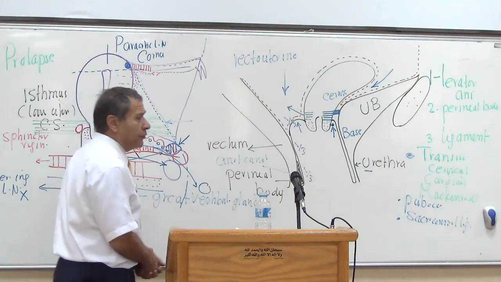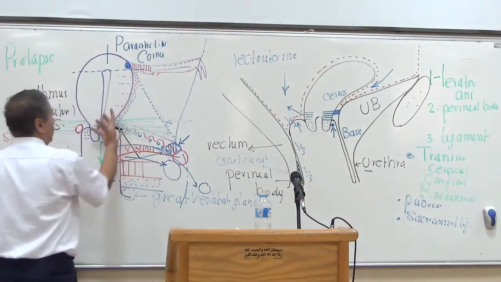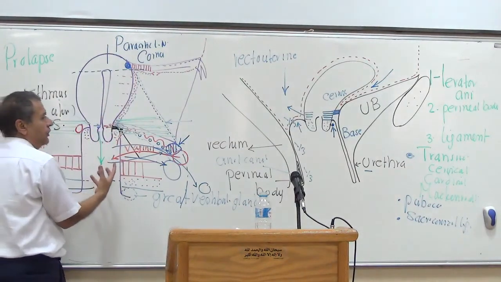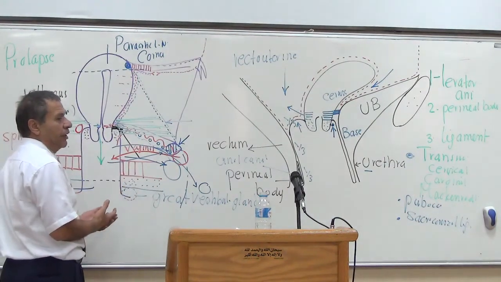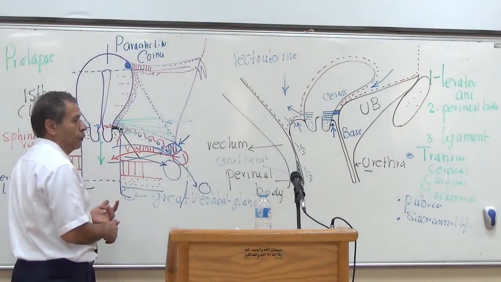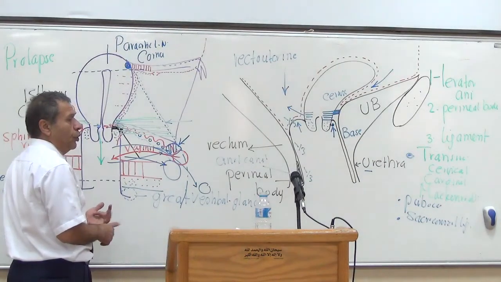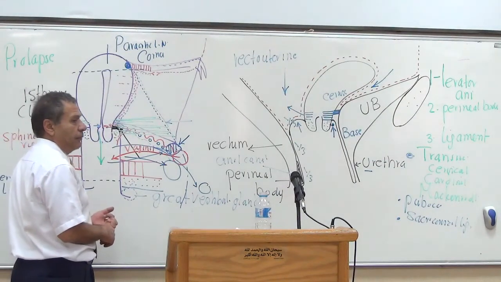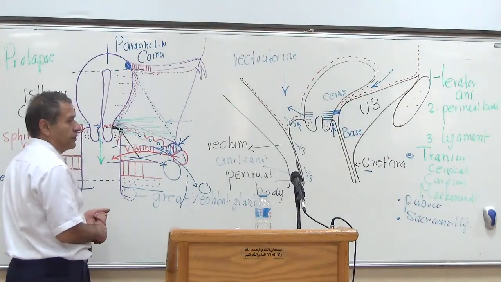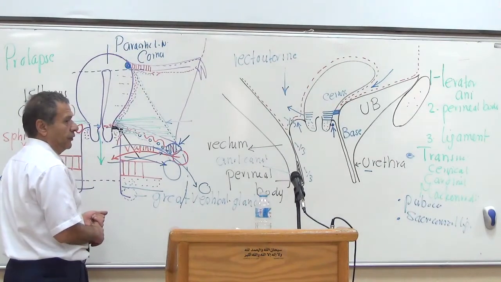Uterine prolapse means downward displacement of the uterus from its position due to a weak pelvic diaphragm, either due to aging, especially in menopausal women, or after repeated labors, or after difficult labor, or using forceps during labor.